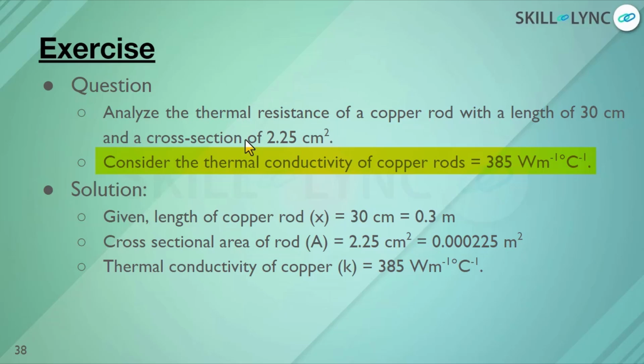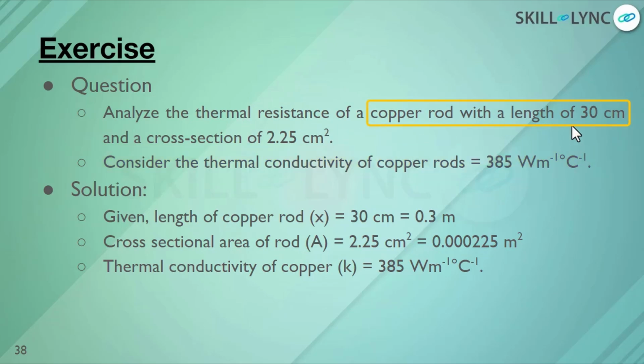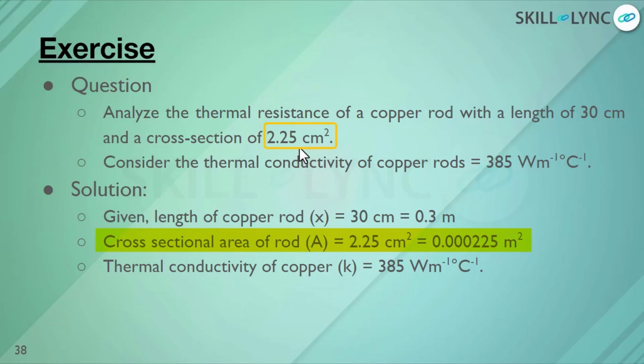The given conditions are: length of the copper rod is 30 centimeters, denoted by x. We need to convert this into meters, which is 0.3 meter. The cross-sectional area of the rod is 2.25 centimeter square, as given in the question.